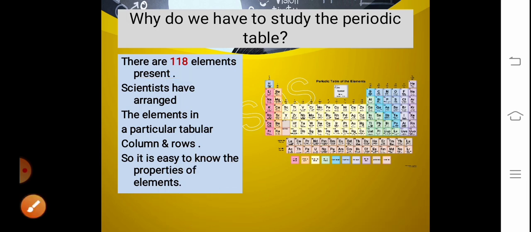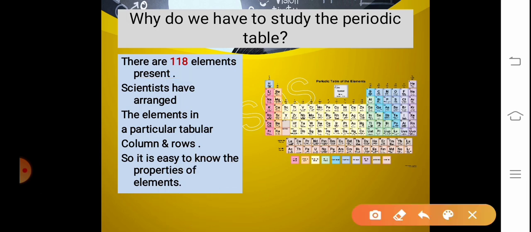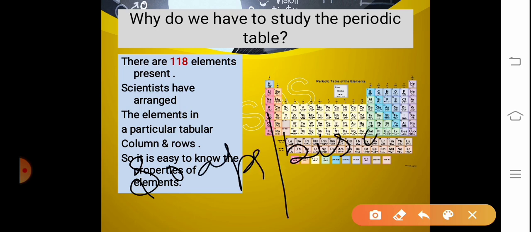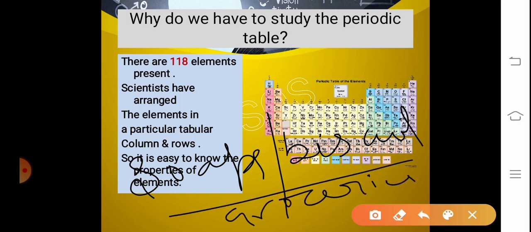For example, if you go to a grocery shop, you might have observed that the shopkeeper has arranged everything in a particular order. If there are soaps, biscuits, or groceries like cereals, pulses, whatever it may be, he arranges all these things in a particular order, right?